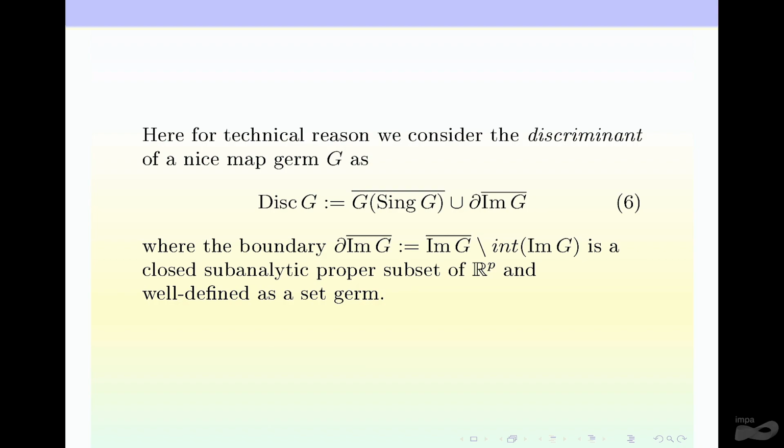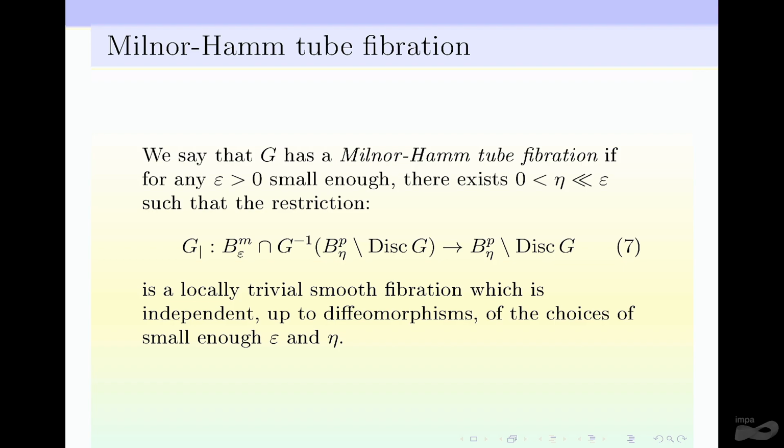So the point is that if now you consider, I use the same notation just to make it easier. But anyway, now we say that g has a Milnor-Hamm tube fibration if for any epsilon small enough there exists eta, which is very small compared with epsilon, such that now this map here is a locally trivial smooth fibration, which is independent up to diffeomorphism of the choice of the topological data.